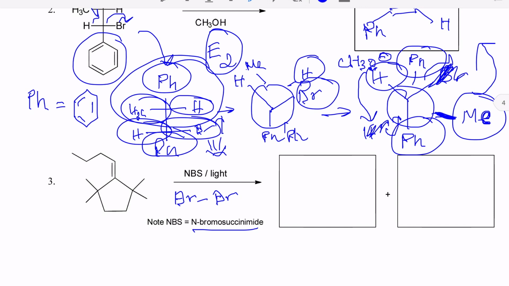So it produces a very high concentration of the bromine molecule, and this causes even double bonds to undergo addition reactions, where ultimately you lose the double bond, right?